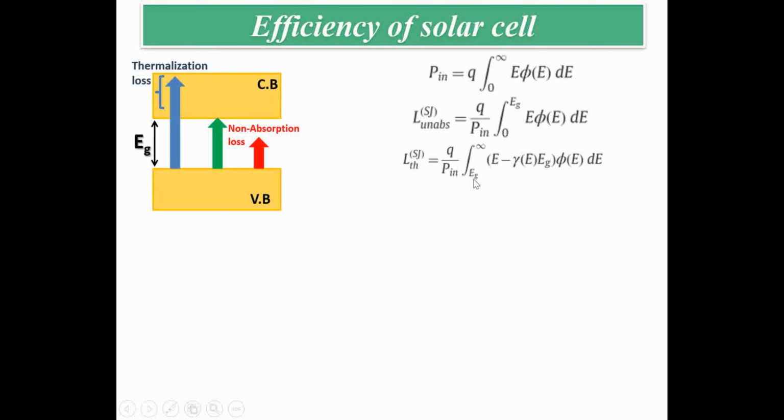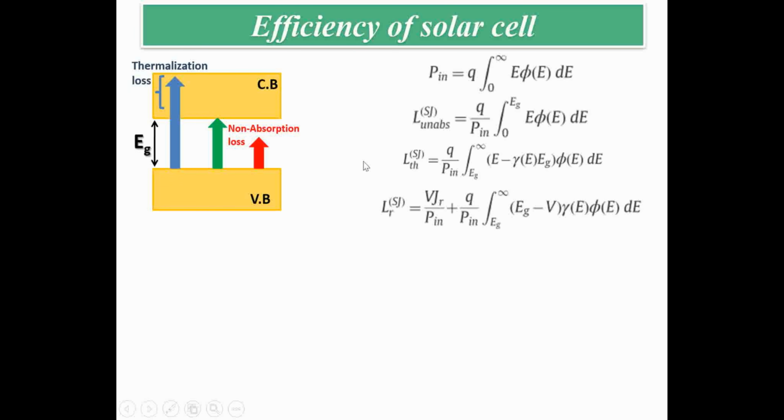Now the third part is radiative recombination loss along with other losses. The first is the recombination loss, where V is the voltage at which the cell is working, multiplied by JR, the recombination current flowing in the device.